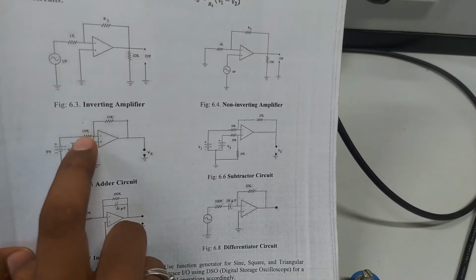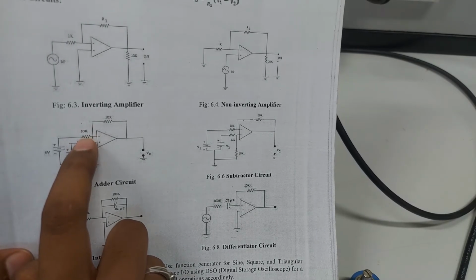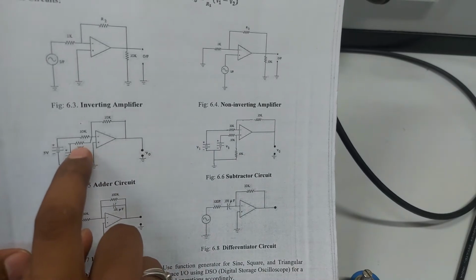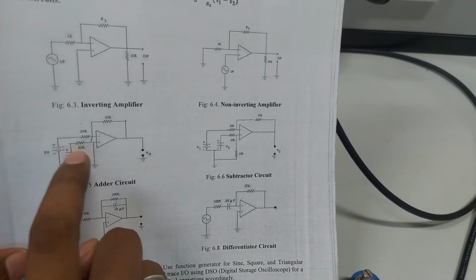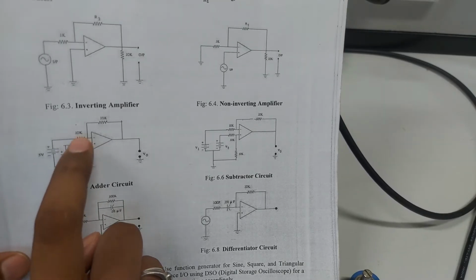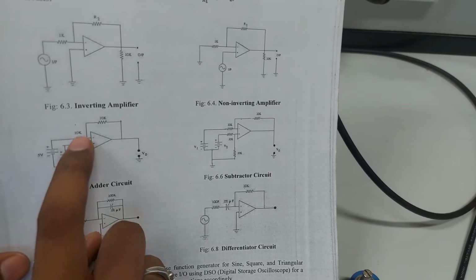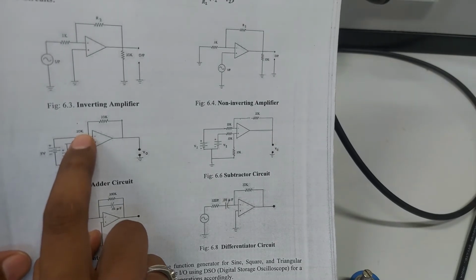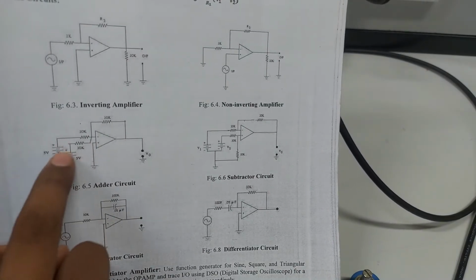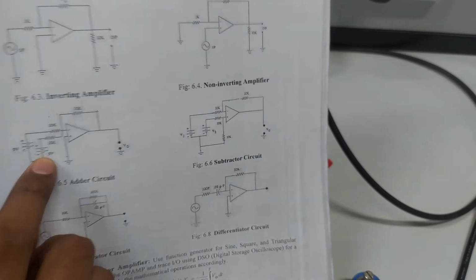As you know, for the inverting and non-inverting amplifiers I used an R1 resistor of 1k, so I am still using 1k, but here you can see another input is given at the same inverting terminal by connecting a resistor with the same value of R1. Here it is 10k, but in our actual circuit I'll use 1k and 1k, and the signals will be signal 1 and signal 2.